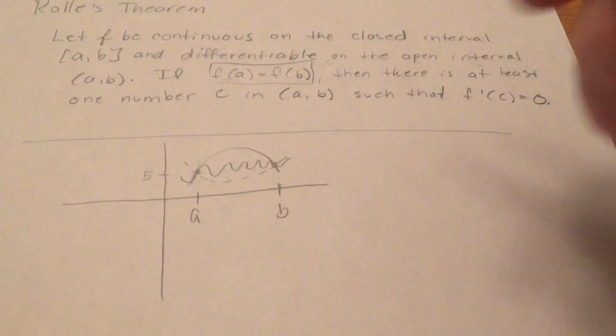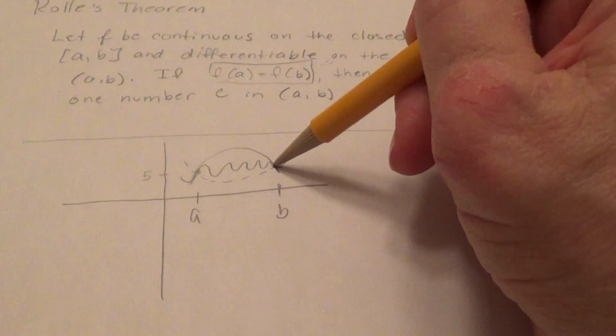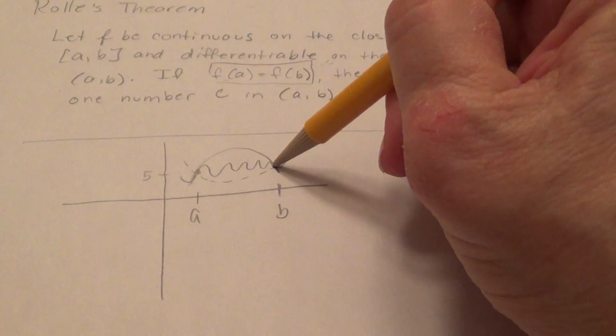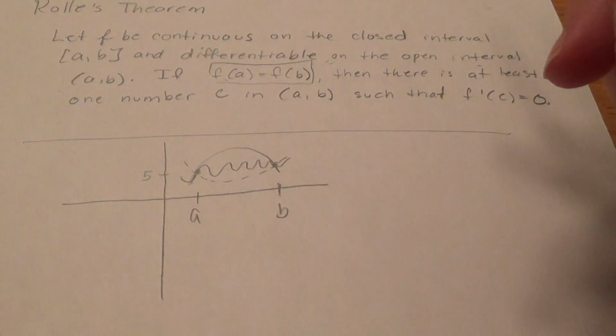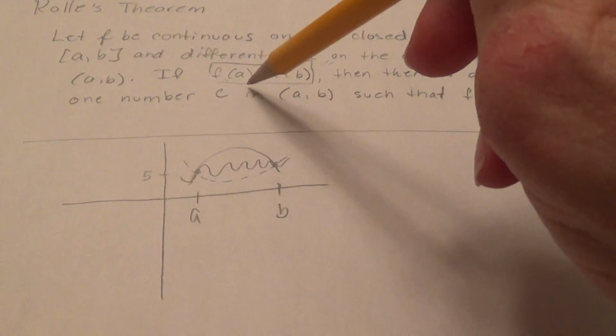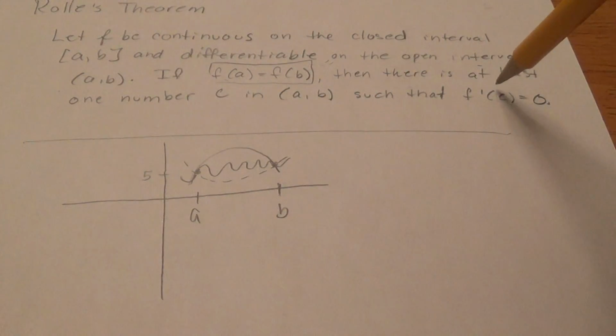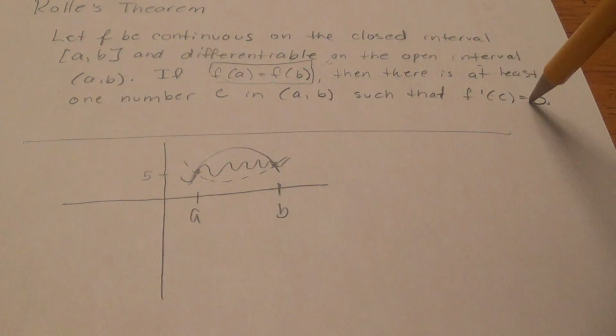We really have no idea, but we do know the function goes through this point and this point. When that's true, and it is a continuous function differentiable on the open interval, then there is at least one number c in between a and b such that the derivative is 0.